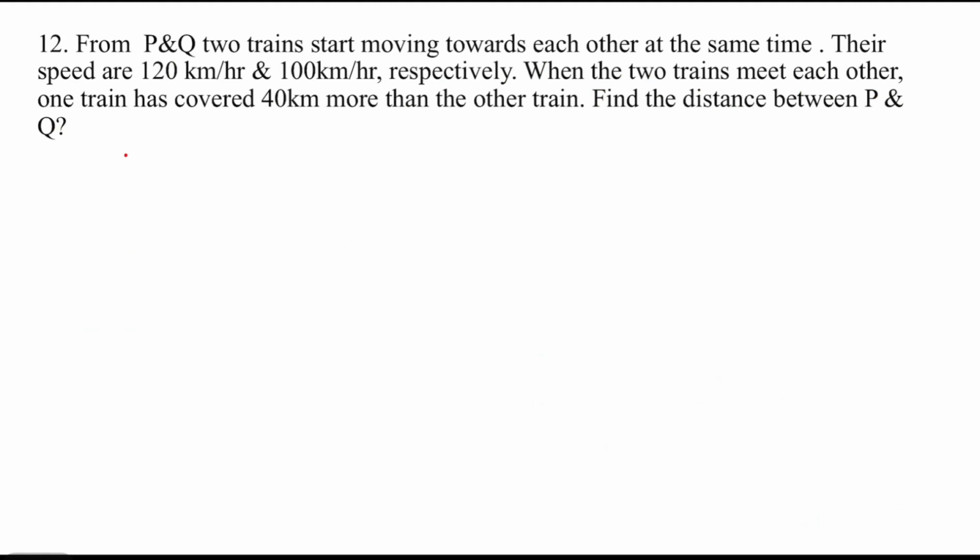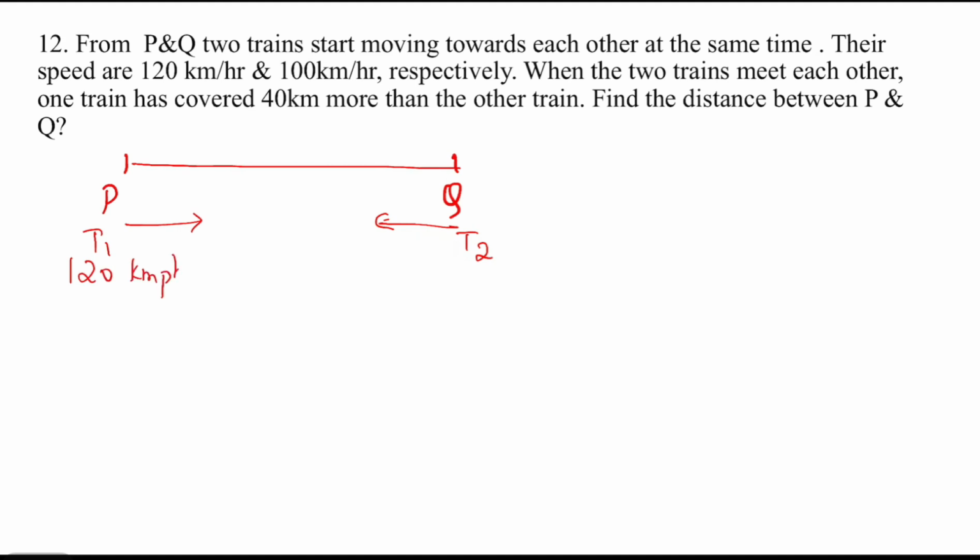So from P and Q, two trains start moving. So this is P and this is Q. So two trains start moving towards each other, train 1 and train 2. Their speeds are 120 km per hour and 100 km per hour respectively they have given.